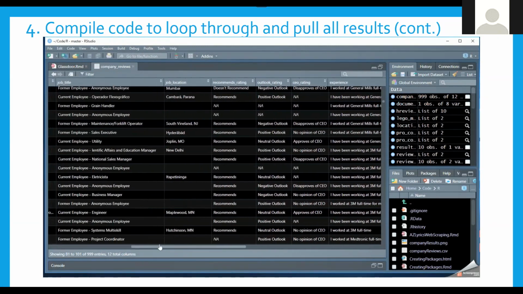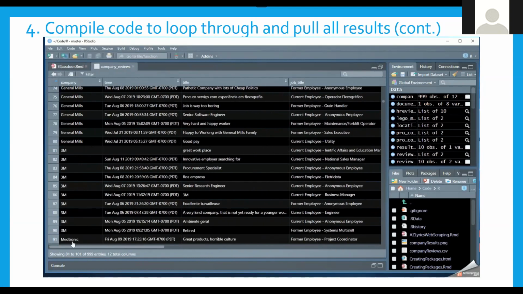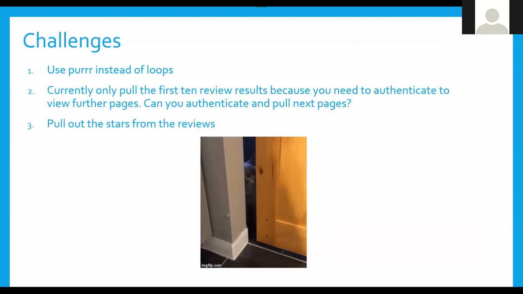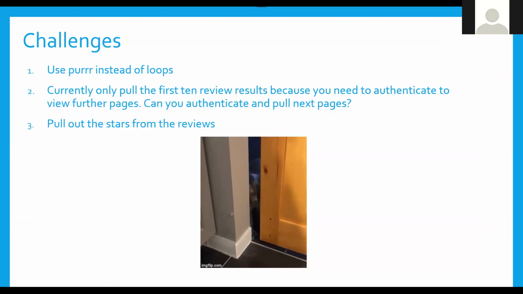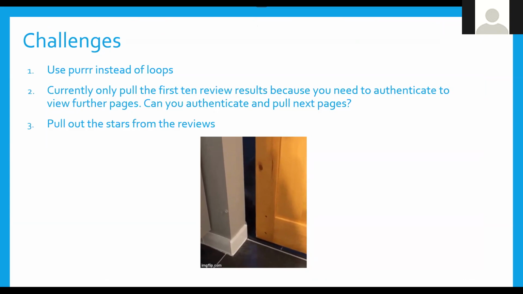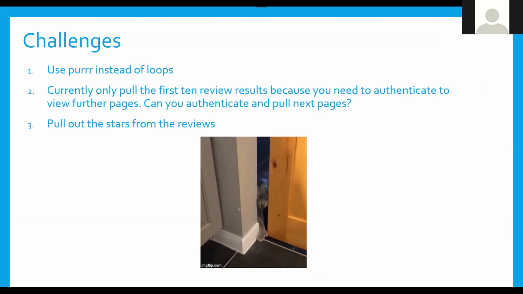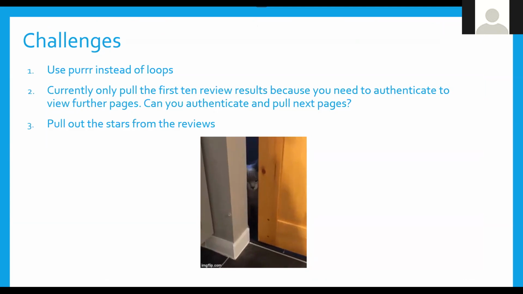So you've created a pretty nice data set here with 1,000 rows. I ran that for 10 result pages, so you could definitely run it for 20 or more and get a larger data set. So here, if that's not challenging for you, you can definitely take my code and try and convert it to purrr to use that instead of loops.